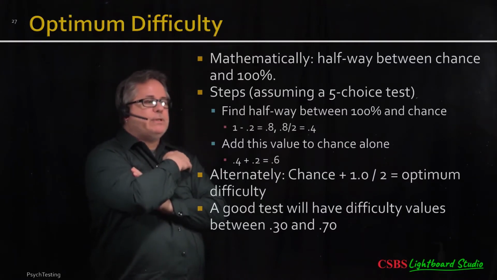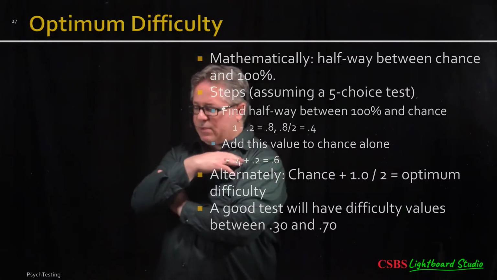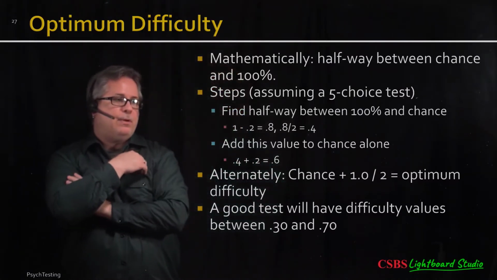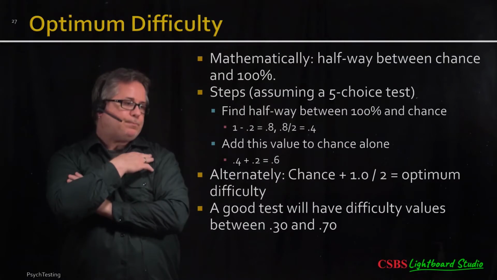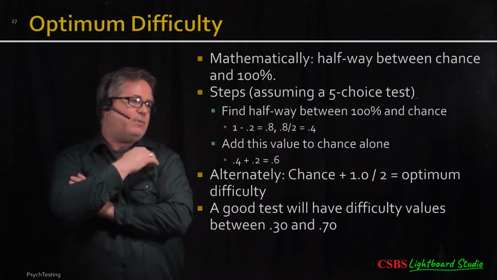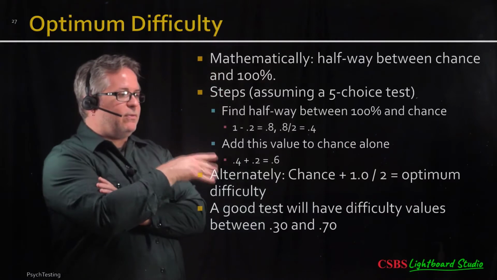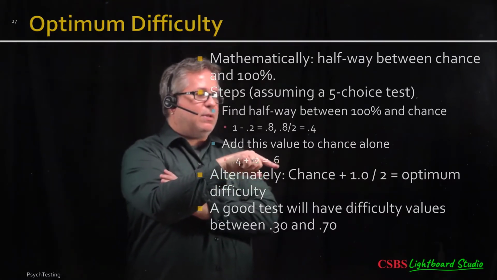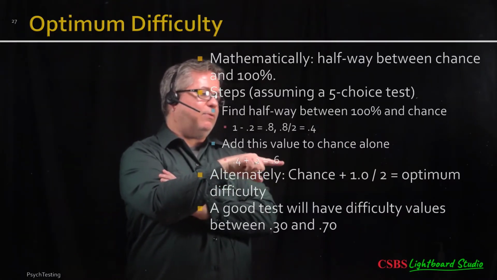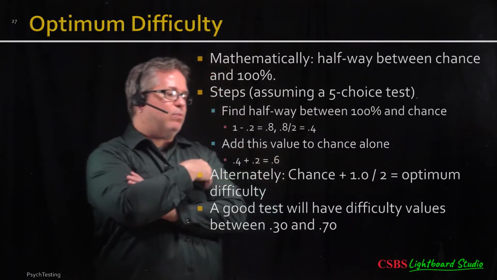So 0.2, because if you have 5 choices, you have about a 20% chance of answering the item correct just by guessing alone, right? So alternatively, it's chance plus 1 divided by 2, the optimal difficulty. So if you find this optimal, you want plus or minus a half or something right around here as the optimal range.